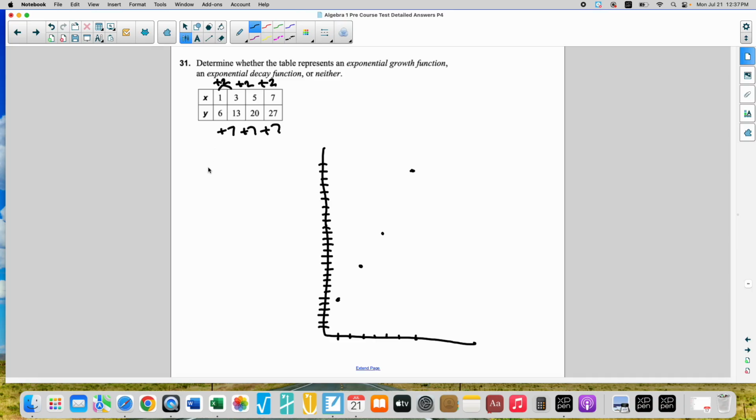So since the slope is 7 halves, and this slope is 7 halves, and this slope is 7 halves, it is neither, because this is a linear function. We can also put it on Desmos, because you know that I love Desmos. So this is a linear growth. Okay, so not exponential.